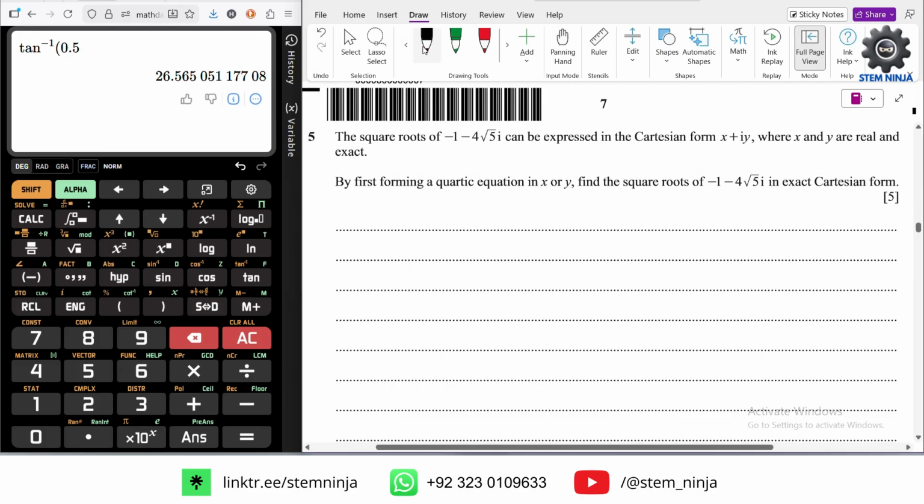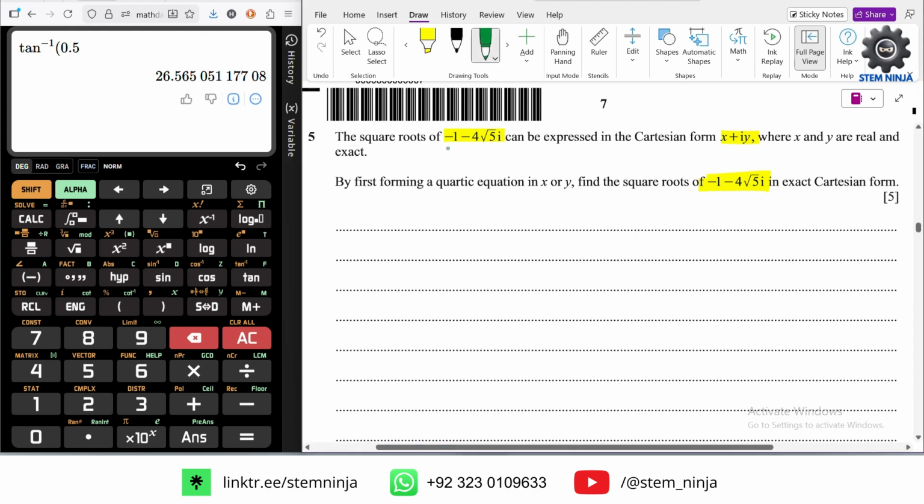Question number 5. The square roots of minus 1 minus 4 root 5 i can be expressed in the Cartesian form x plus iy, where x and y are real and exact. By first forming a quartic equation in x or y, find the square roots of this in exact Cartesian form.